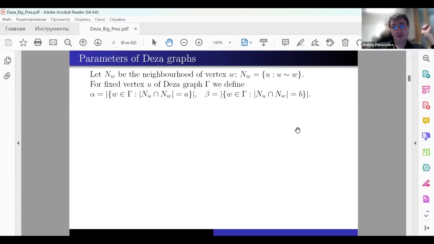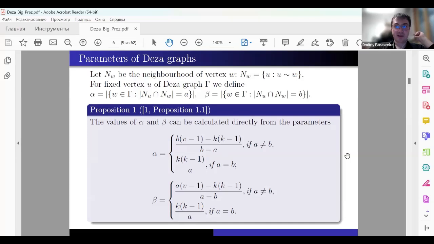It turns out that these parameters do not depend on the vertex we choose to define them, and can actually be calculated from the parameters v, k, b, and a themselves. I will not be talking about the formulas, but you can see them on the screen.